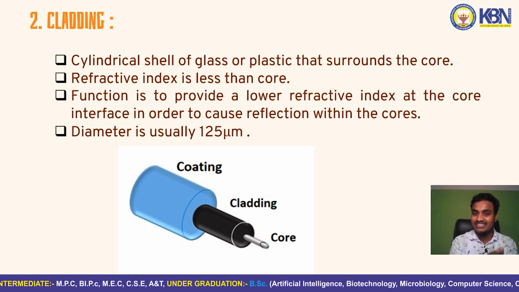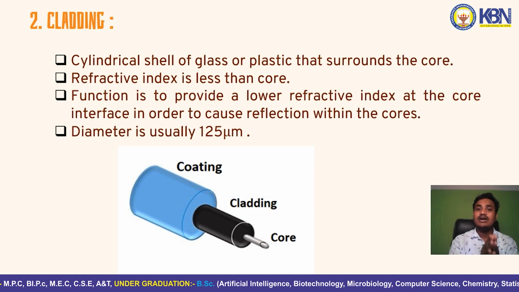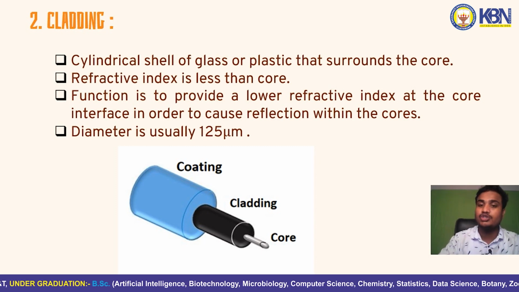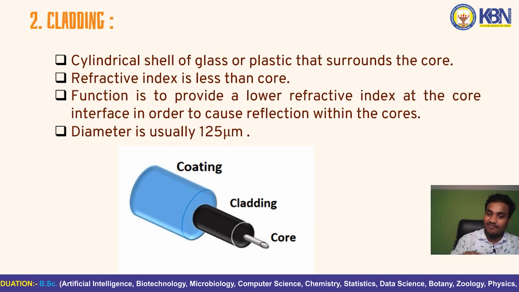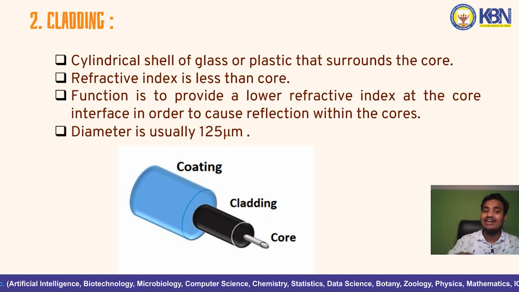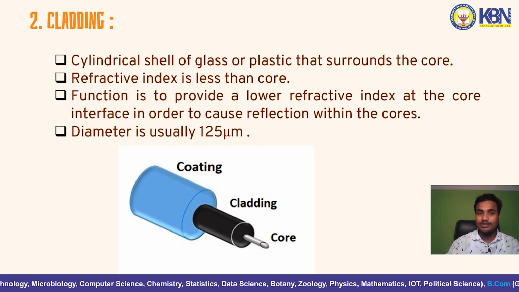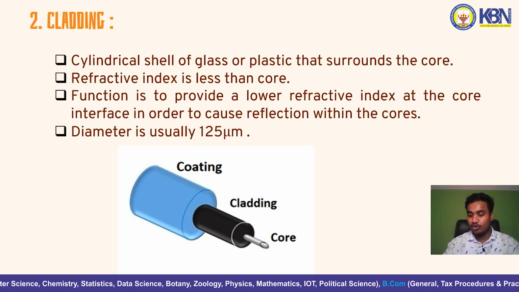Why? Because, as I said, the principle of optical fiber is total internal reflection. The light ray should reflect in the core itself, so the core should have a higher refractive index than the cladding. The diameter of the cladding should be of the order of 125 micrometers.